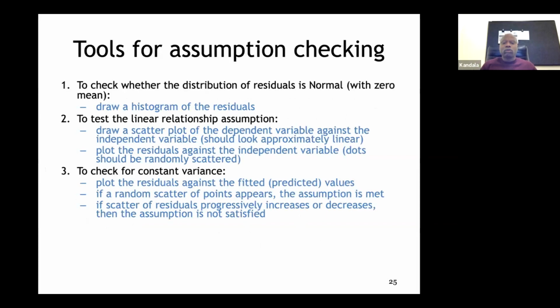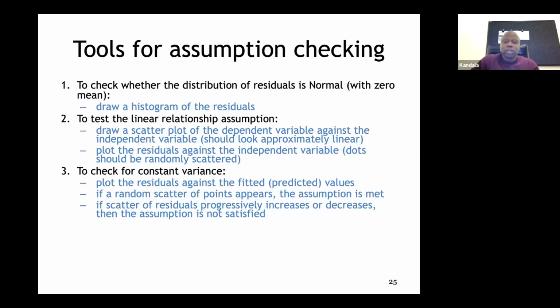So there are tools for checking this assumption. Any software that you use, maybe SPSS, Stata, R, and any other statistical software, have tools on how to check these assumptions, to check whether the distribution of residual is normal.